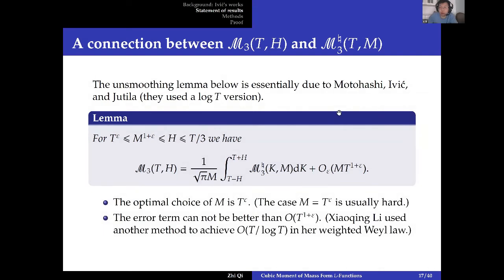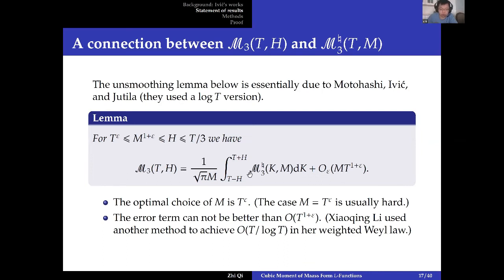All right, so let me say a bit about this formula, about this lemma. Essentially speaking, we're going to average this M3 natural. So I'm going to replace this T by K and then average over K. And this is what I do. And the interval that I average over will be from T minus H to T plus H. All right, so it's like moving a bump function along an interval.